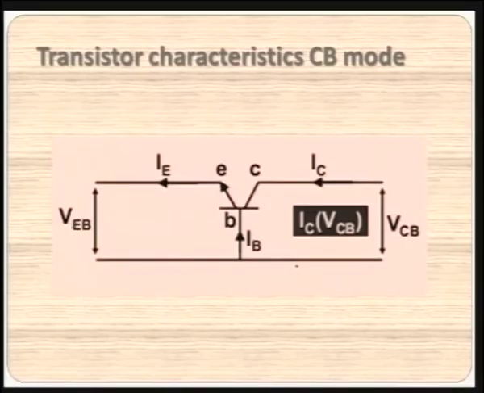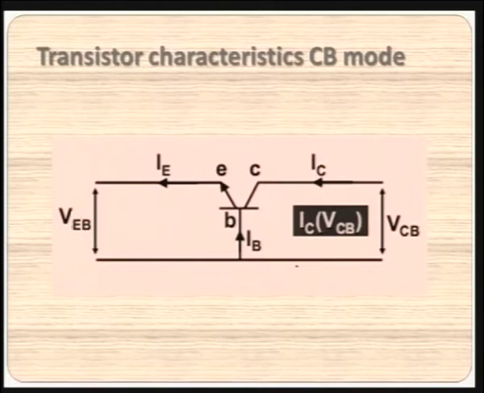I have just taken the transistor alone and shown the quantities that are to be measured, like the current and voltage on the input side and the current and voltage on the output side. The polarity and the power supplies related to the biasing are not given in the diagram. It's a very simple, lucid diagram which could be taken up for discussion.